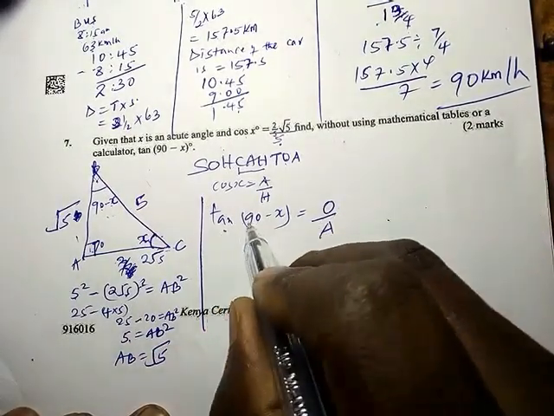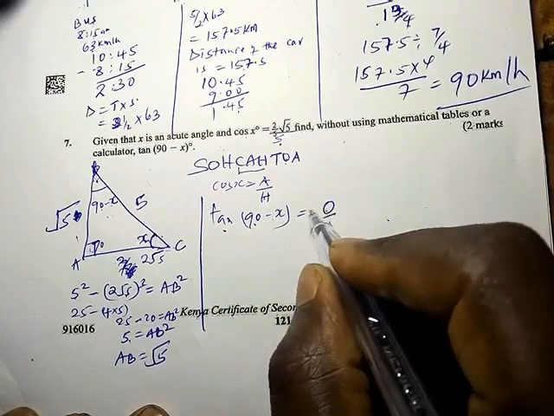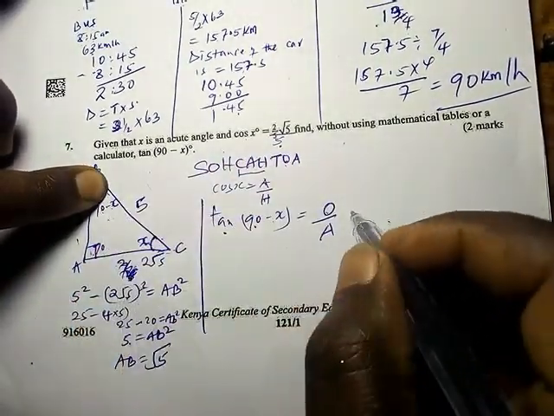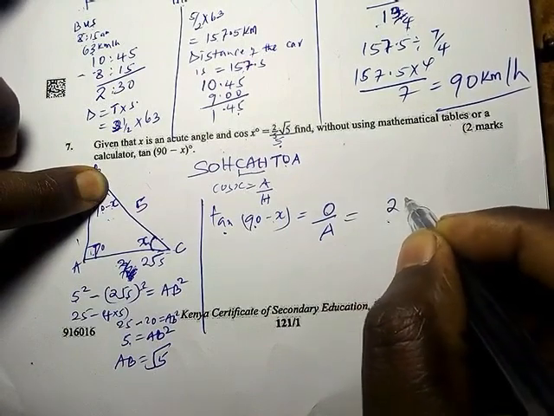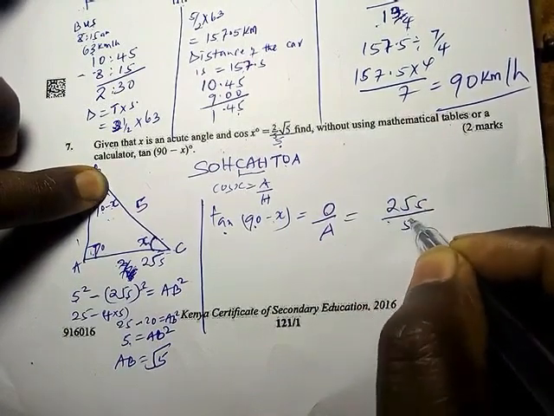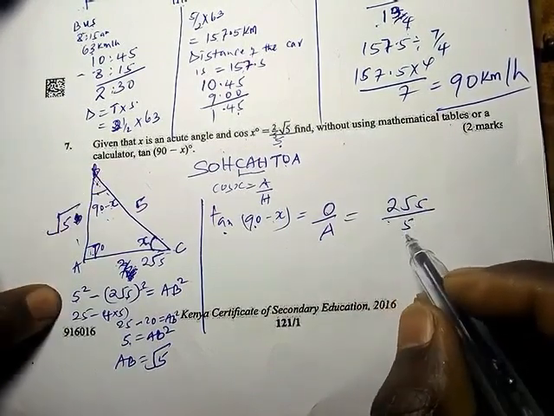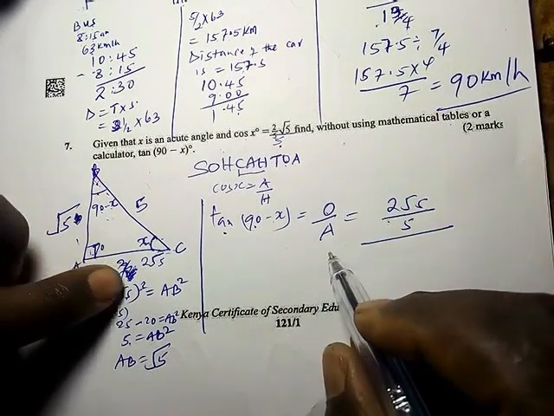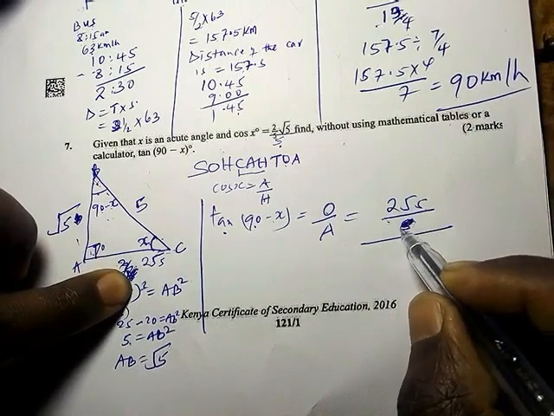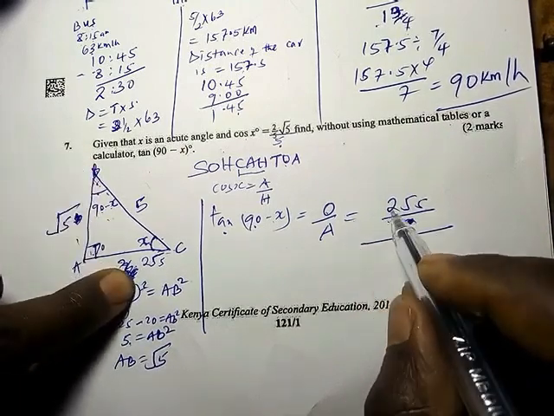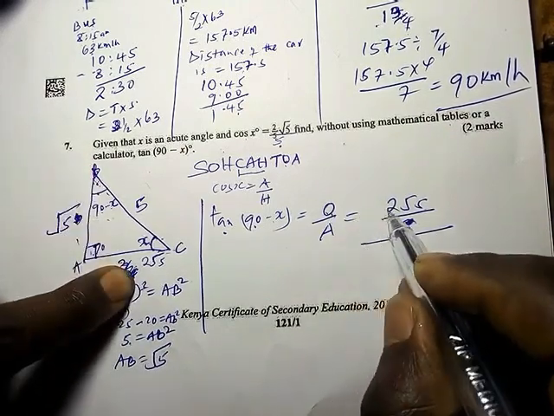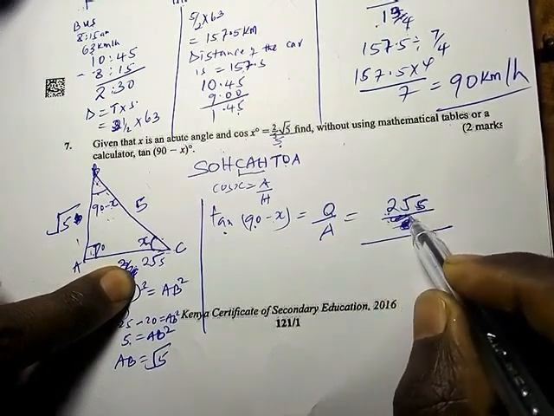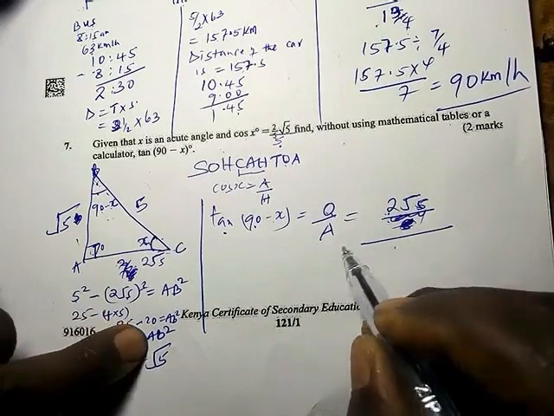Now we want tan 90 minus x, which is opposite. When you are standing here, the opposite is 2 root 5, divided by the adjacent.